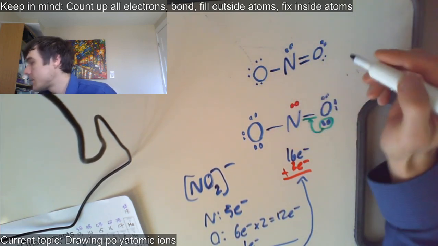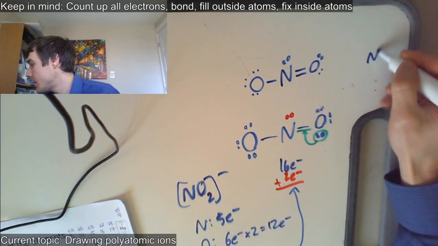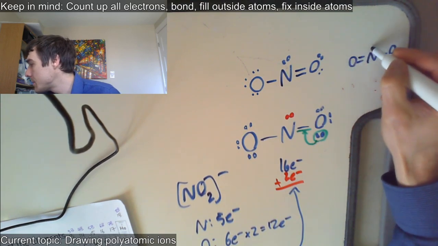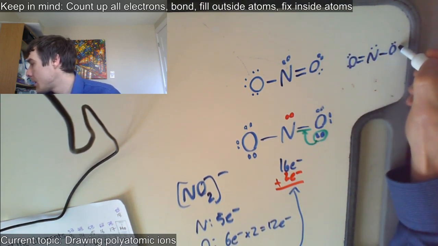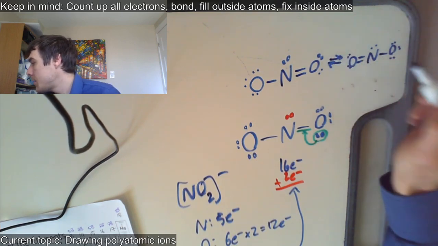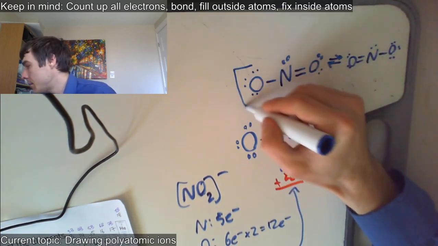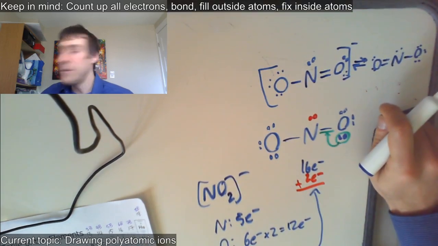Now, of course, this is a resonance structure, so it'll be flipping back and forth between these 2 forms constantly. But you can just draw something like this, and the resonance structure is kind of implied.